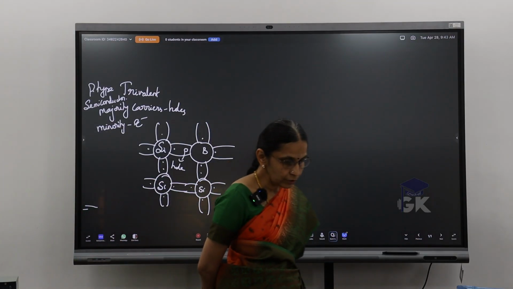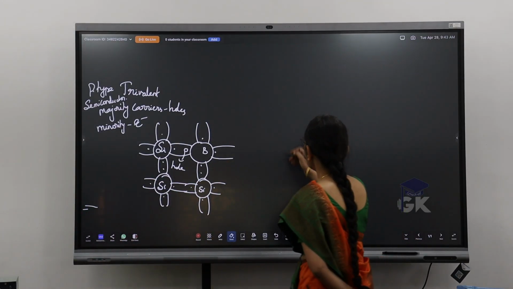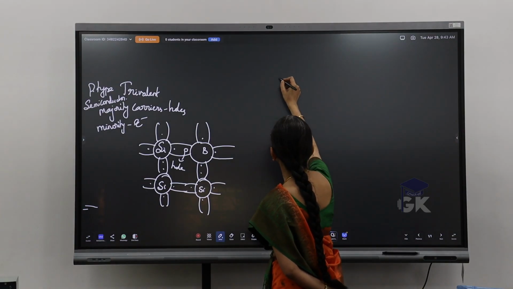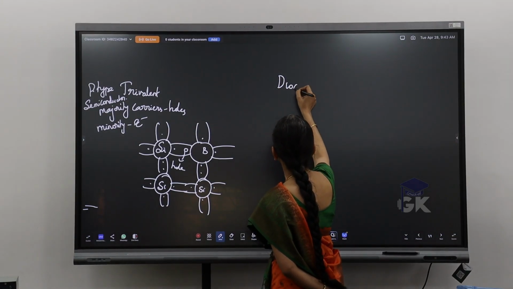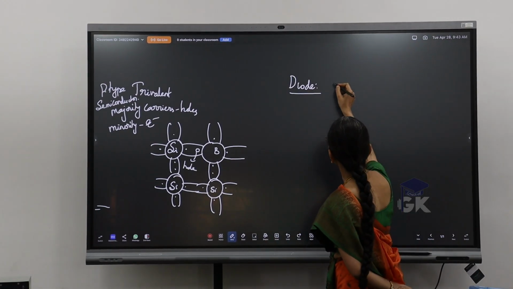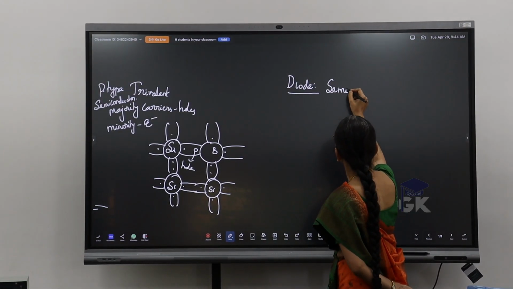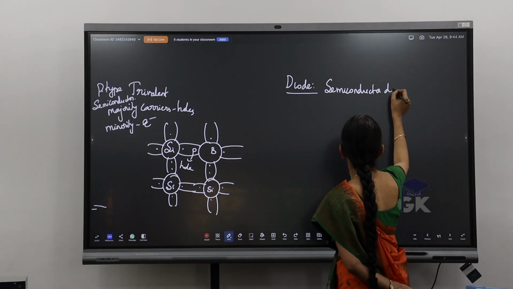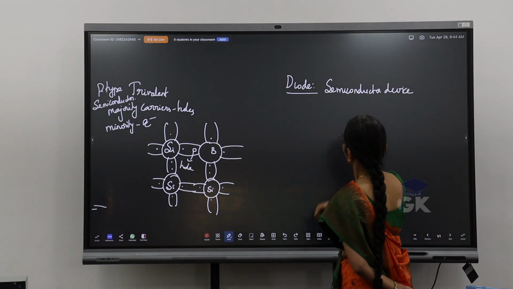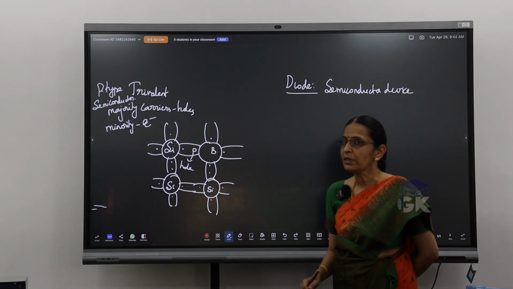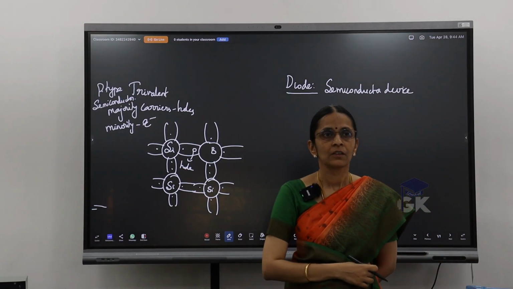Now we go for the next one, what is called as our diode, our semiconductor device. Clear? Now diode means how many terminals are there for this? 2 terminal.